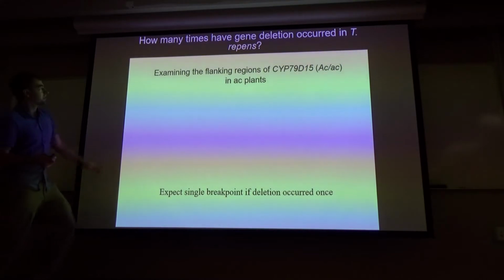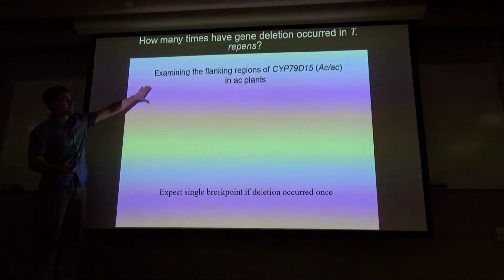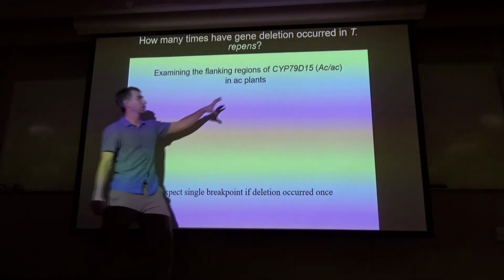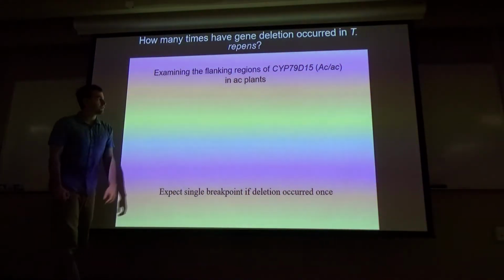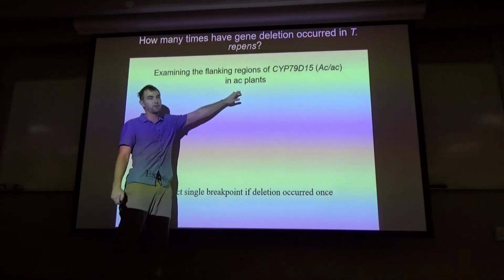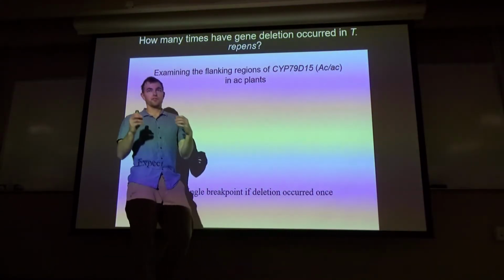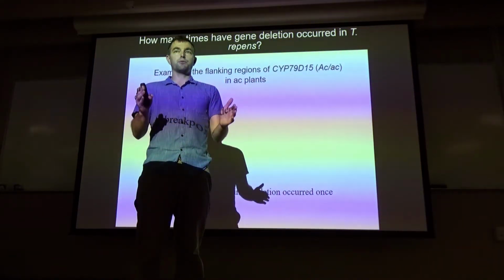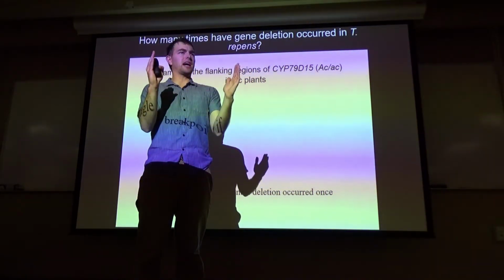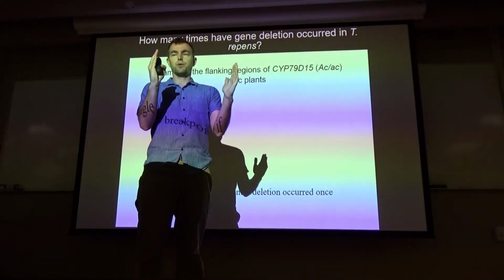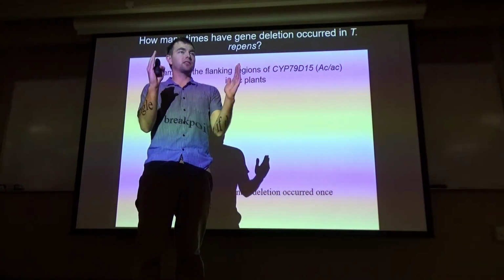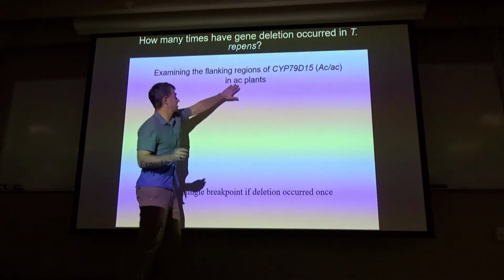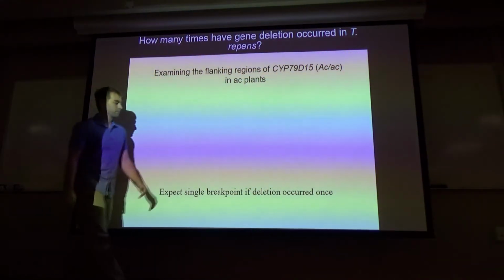We can tell this by looking at the flanking regions of those two gene deletions, for cyanogenic glucosides and linamarase. If you look at these recessive plants that have these particular gene deletions, if the deletion only occurred once, we would expect to see one single size of deletion, and the same flanking sequence in each one of those plants.